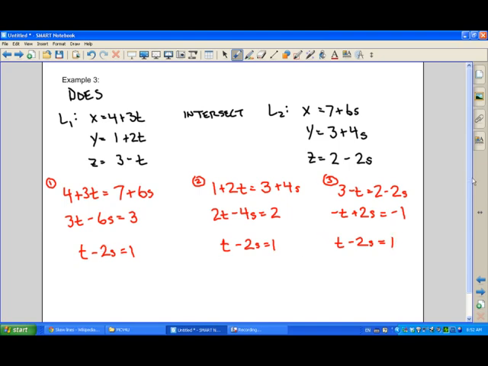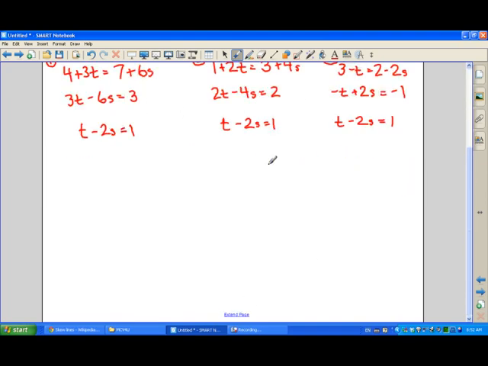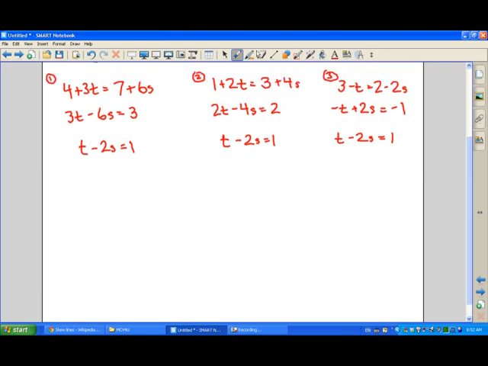My original equations, this means something. All of these equations are equal. And when this happens, that means our two lines are coincident, or they're the same line.